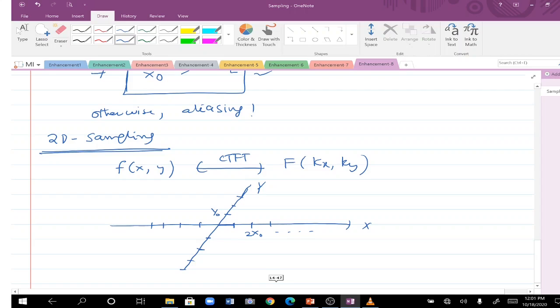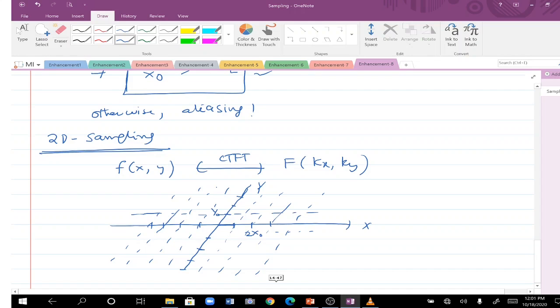So how should my impulse function be now? This is how I could see all the grid points, which are spaced at a distance of x naught along the x-axis and y naught along the y-axis.